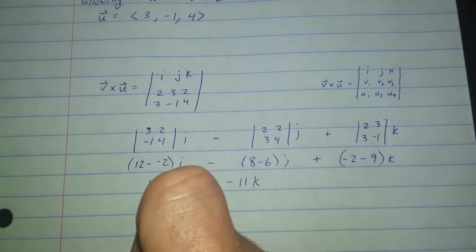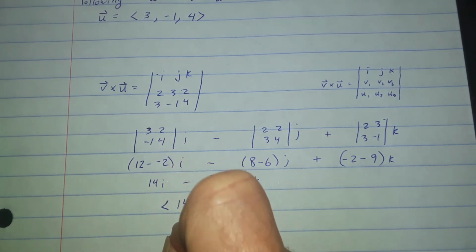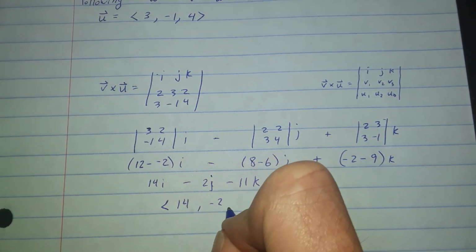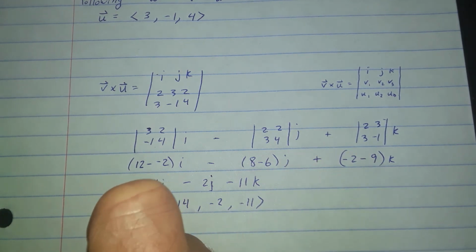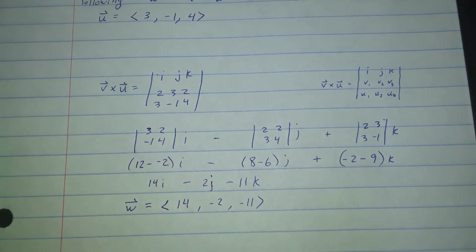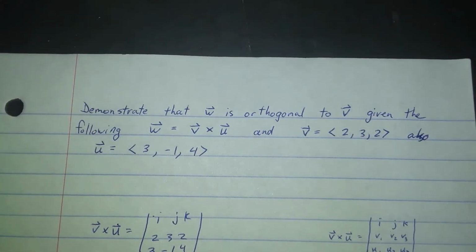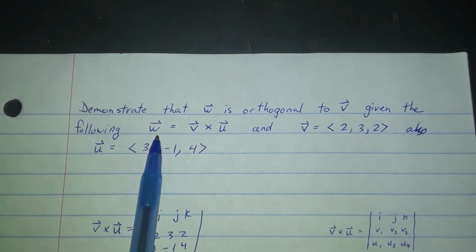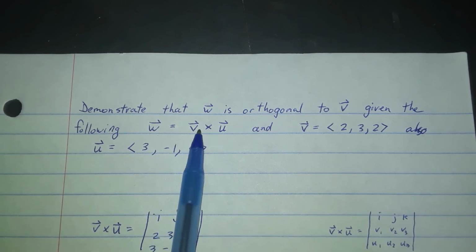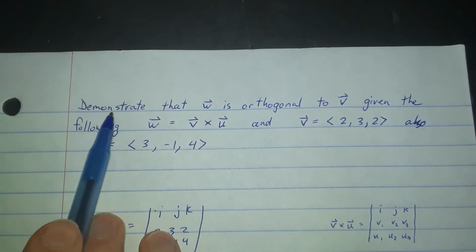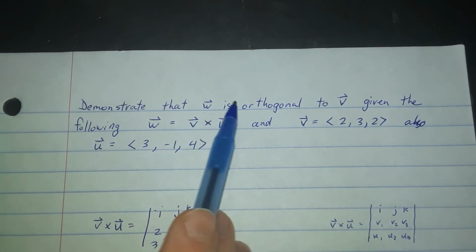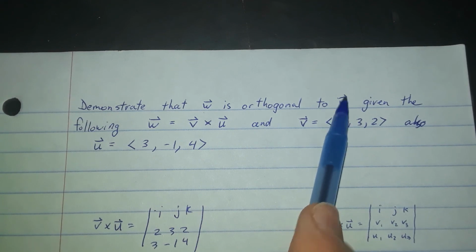So now these are the components 14, negative 2, negative 11. And this is my components for vector w according to the definition I have up here, that w is defined as the cross between v and u. So now the first part of this problem says that I have to show that w is orthogonal to v.